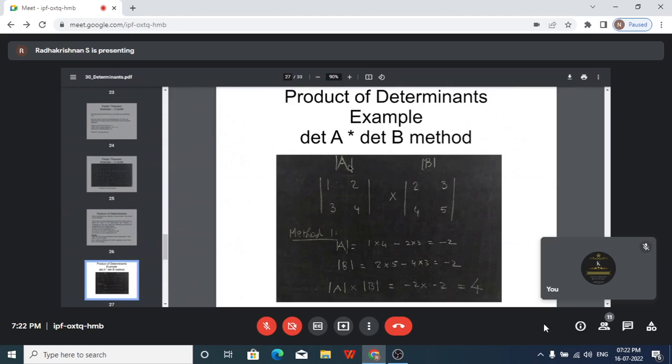The first method is simply: first determine the value of A, then B, then multiply. Here we find det A and det B. Det A is equal to -2, det B equal to -2, so det A into det B equals -2 into -2, which is 4. This is one method.